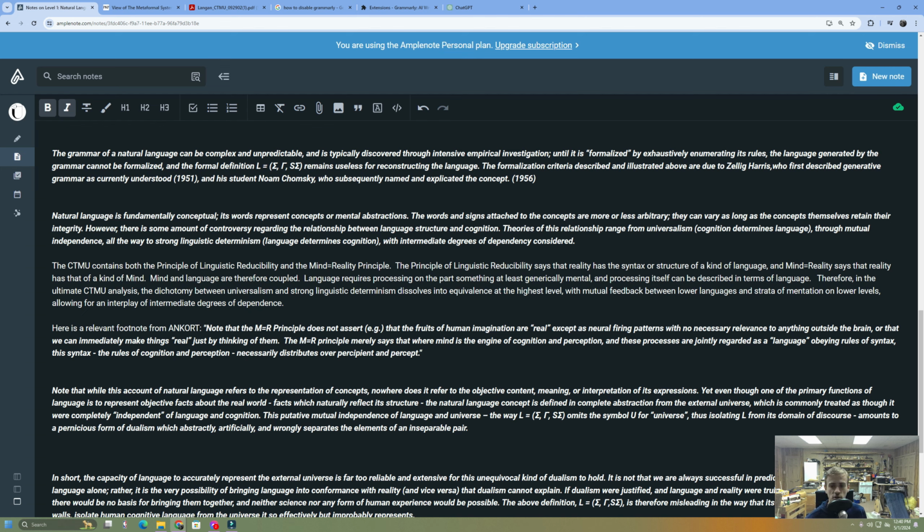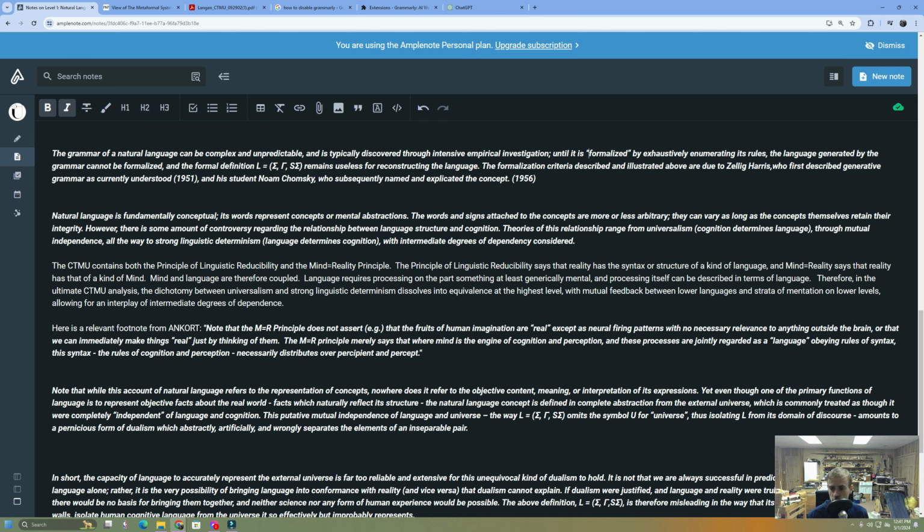Theories of this relationship range from universalism, cognition determines language, through mutual independence, all the way to strong linguistic determinism. Language determines cognition, with intermediate degrees of dependency considered.